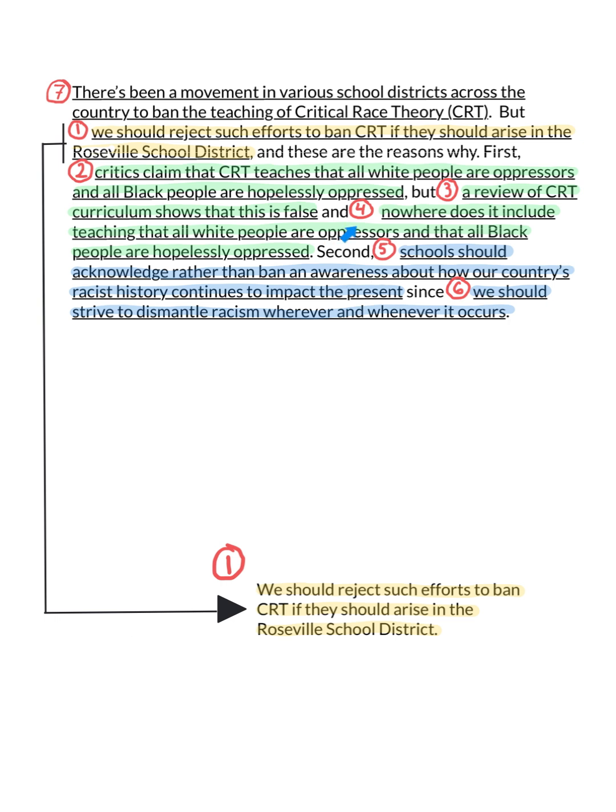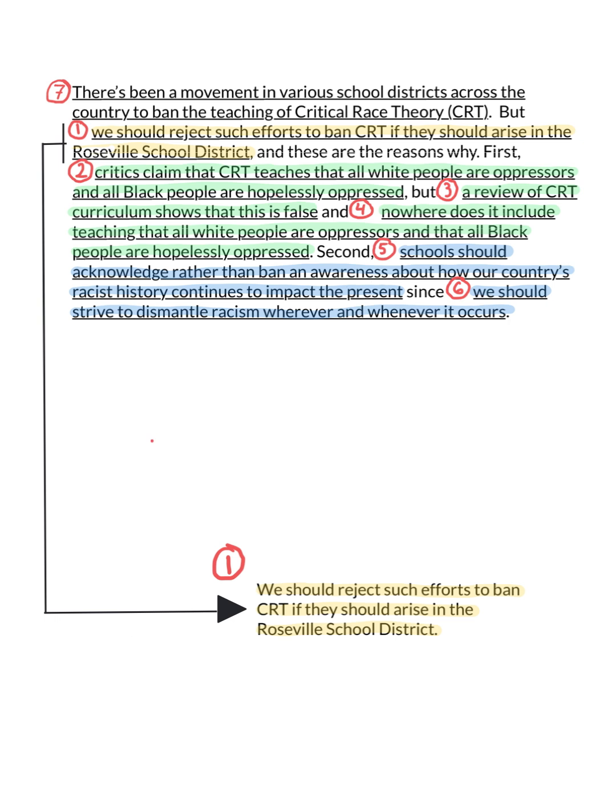And claim 4 gives support for that assertion: nowhere in the CRT curriculum does it teach that all white people are oppressors and that all black people are hopelessly oppressed. So these three claims are logically connected. So let's diagram what that structure looks like.